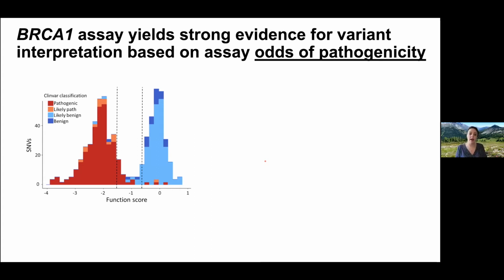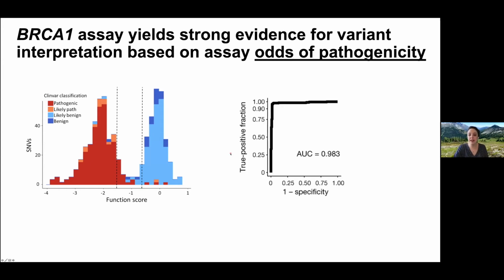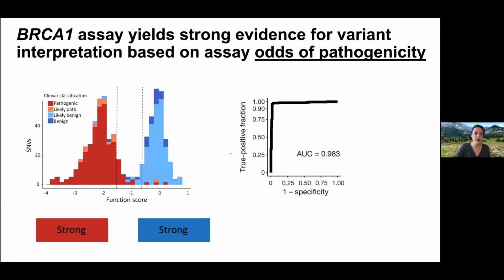And the more an assay gets right in each of those classes, the stronger the evidence can be, right? So this BRCA1 data set has very high sensitivity and specificity, such that we can use strong evidence for pathogenicity and strong evidence for benign. And you'll also notice that there are a lot of known pathogenic and known benign variants for BRCA1, and this is gonna not be the case in another gene at the end here.